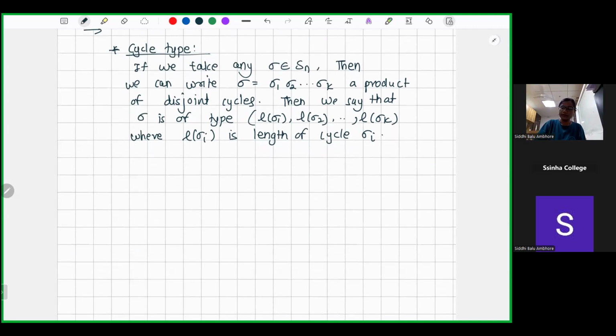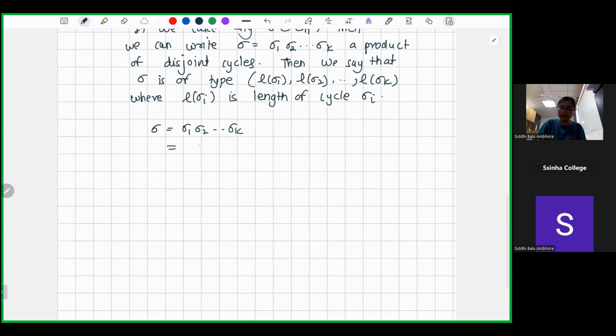Note that if sigma is equal to sigma 1, sigma 2, ..., sigma k, where the sigma i's are disjoint cycles, then we can shuffle them. We can switch the order of the sigma i's, and that won't change sigma.